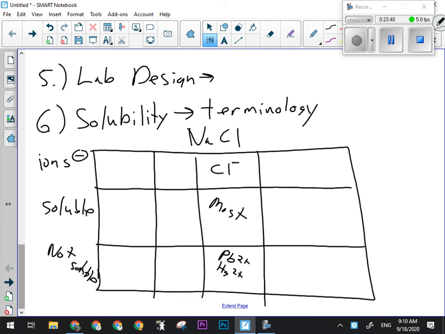If I give you this, you're going to go, all right, so here's OH, it's soluble with, well, actually, it might say group 1, and list a few other things. What does it mean by group 1?